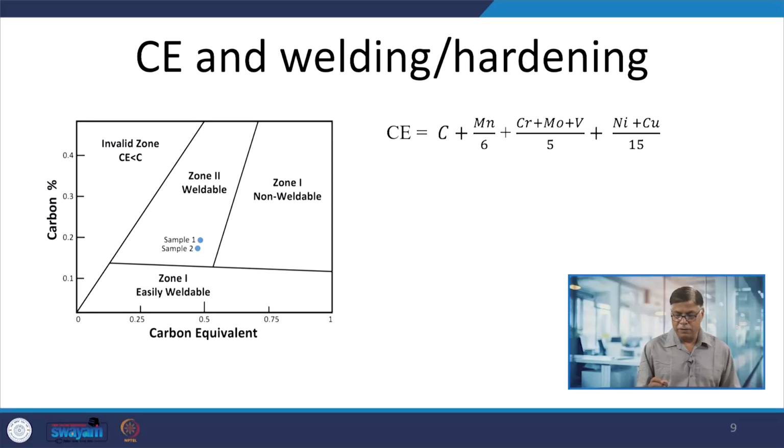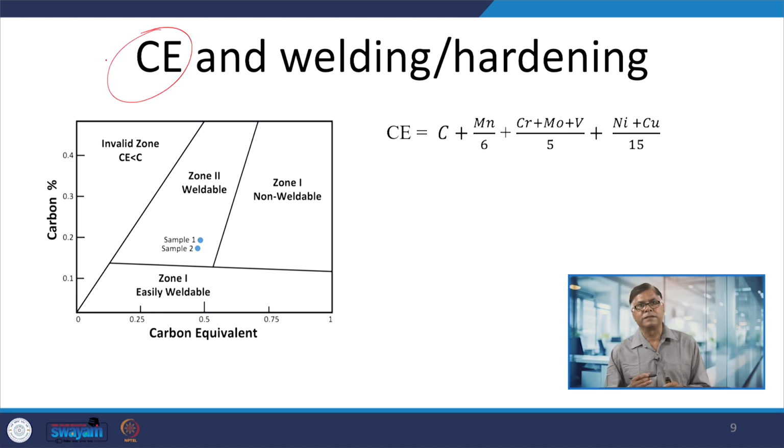Okay. So, how to relate the carbon equivalent with the steel hardening and the cracking tendency during thermal cutting or welding? Carbon equivalent, CE, shows the combined effect of various elements similar to that of carbon. So, that is why it is called carbon equivalent.